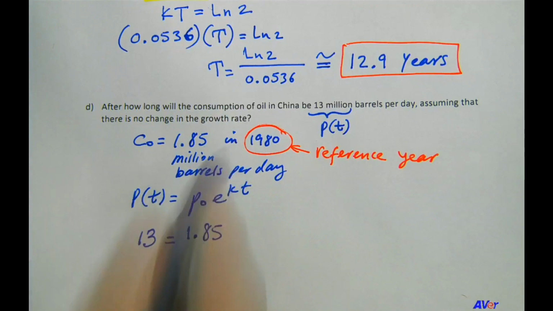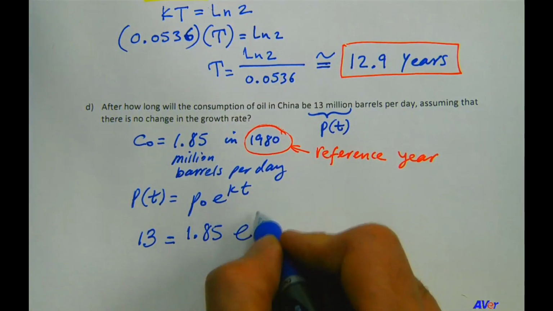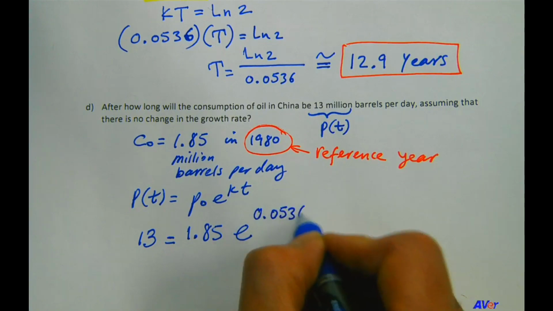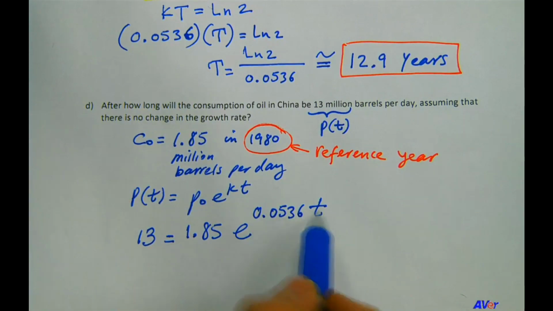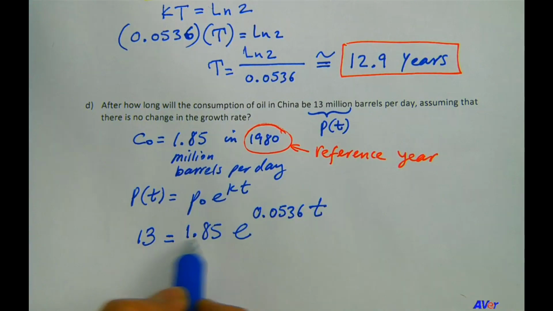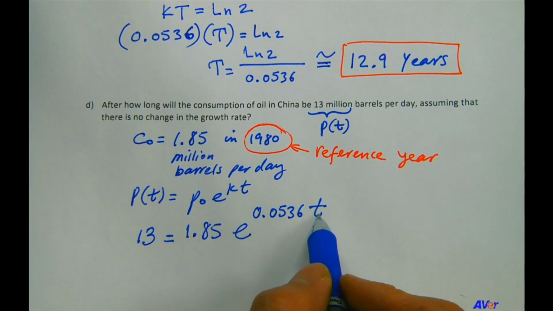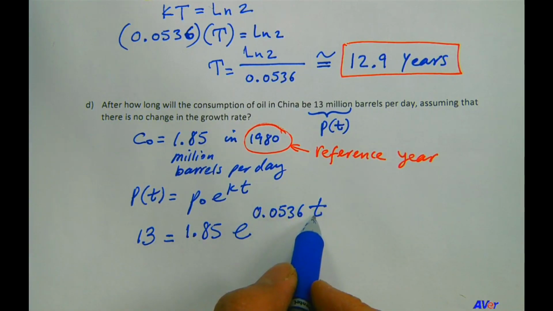Everything is compared to that year. 1.85 times E to the 0.0536 T. So T is the unknown: how many years it'll take for this initial quantity, 1.85 million barrels per day, to reach 13 million barrels per day. So we need to isolate T. Look how much work we have ahead of us before we are able to isolate T.